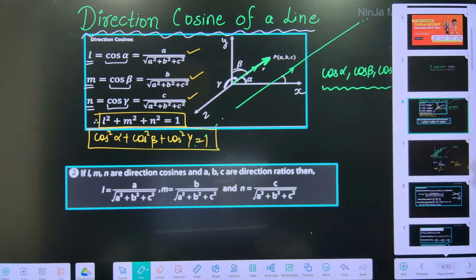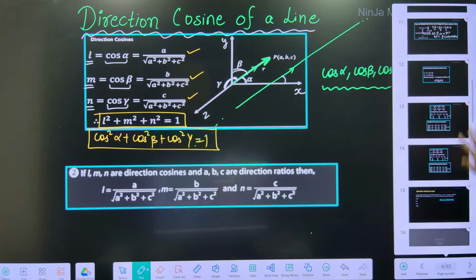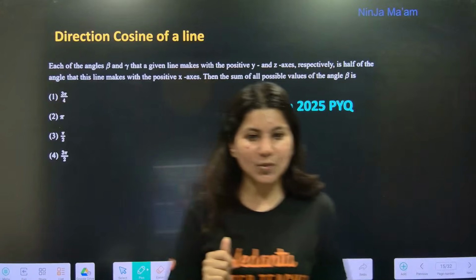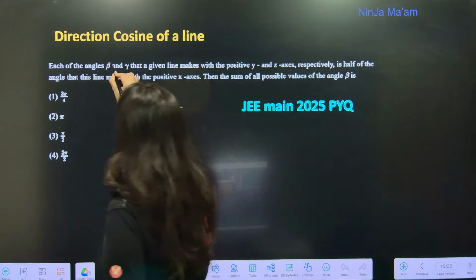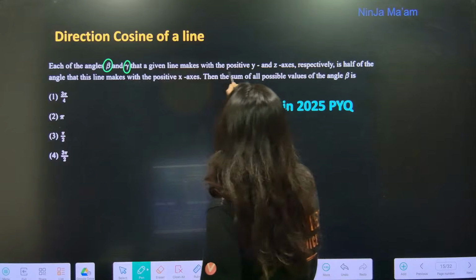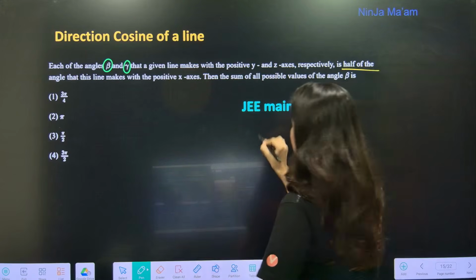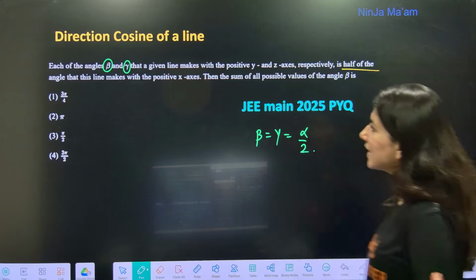Now let's have a JEE Main 2025 PYQ on this particular topic. Ready, everybody? Each of the angles beta and gamma that a given line makes with the positive y and z axis is half of alpha. Beta is equal to gamma is equal to alpha by 2. That's what they are saying.